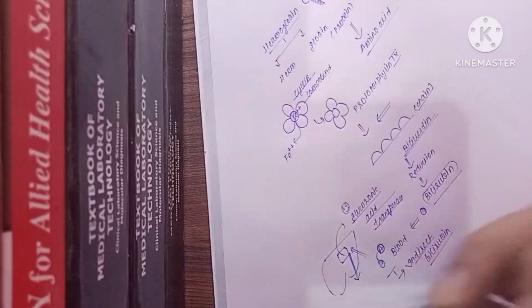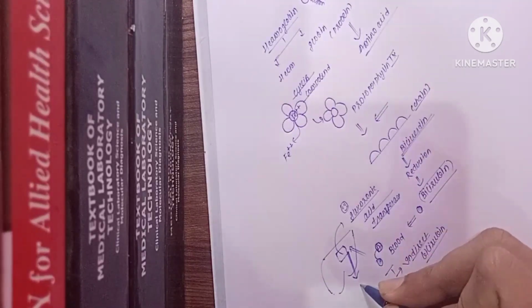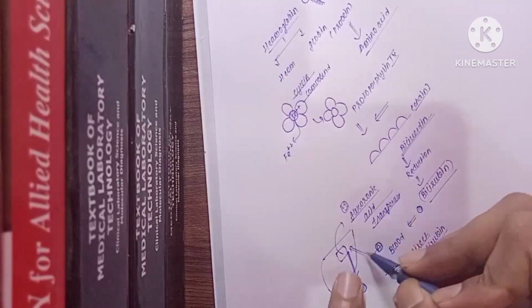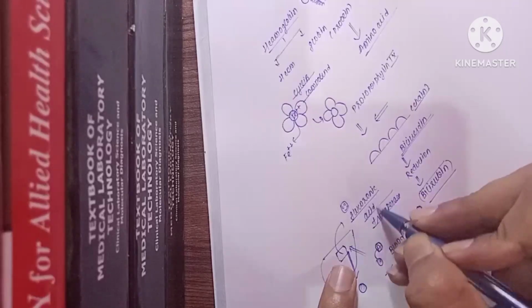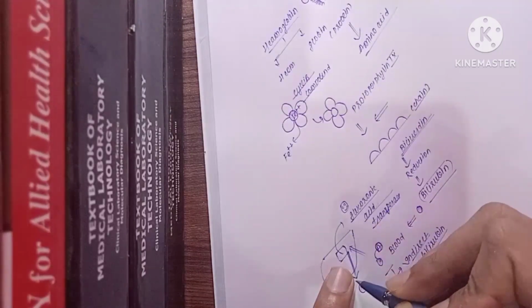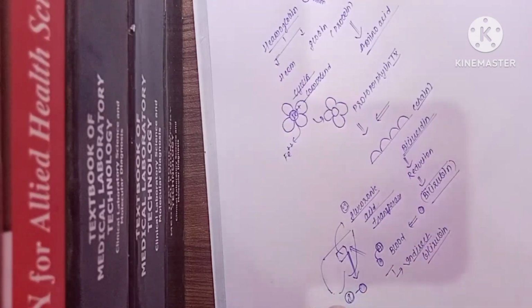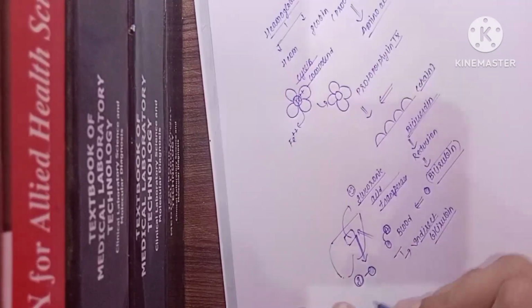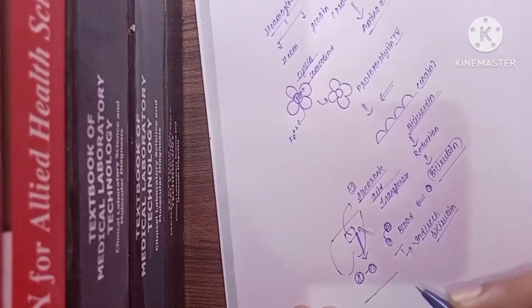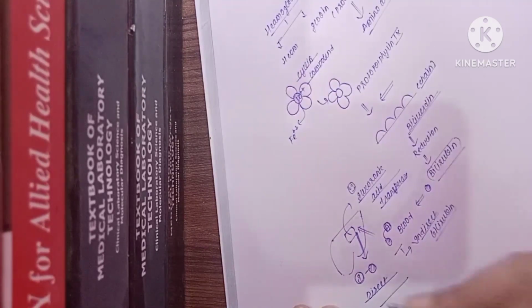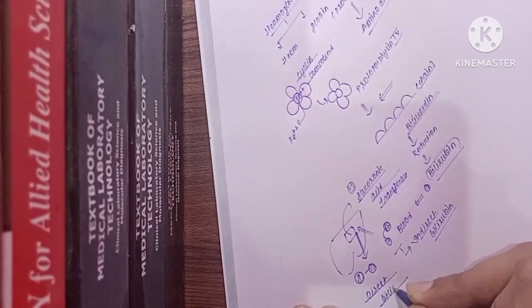When it reaches the hepatocyte, the glucuronic acid transferase transfers the glucuronic acid, let me draw it like that, to this bilirubin. So bilirubin bonded with glucuronic acid is known as what? Direct bilirubin.